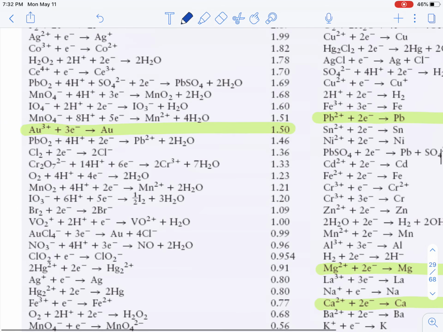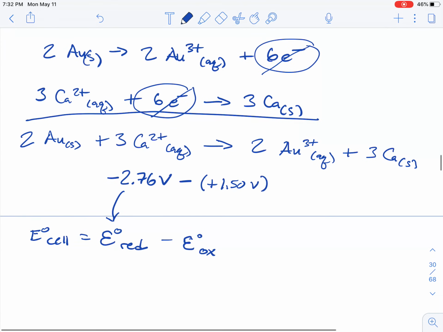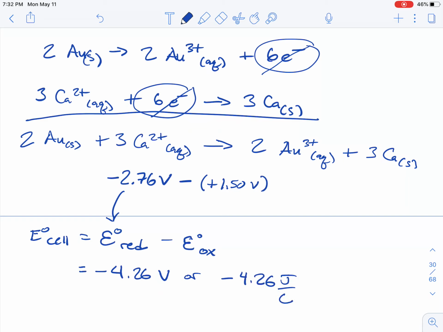Just to check that, notice how this is going to be a positive value. If we plug this into the calculator, we get negative 2.76 minus 1.50, so what we get is negative 4.26 volts, or negative 4.26 joules per coulomb.